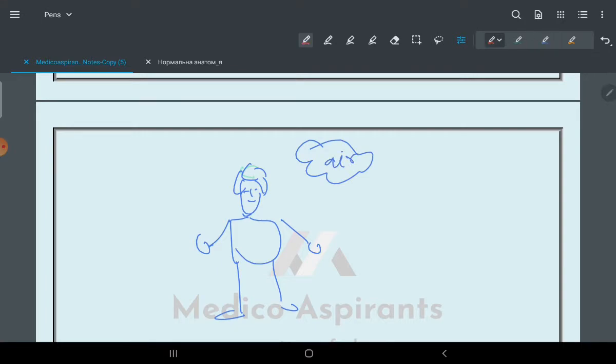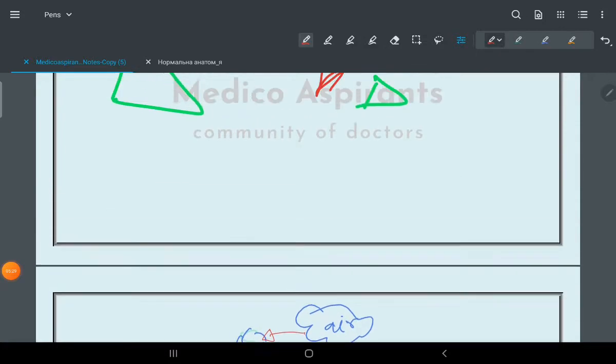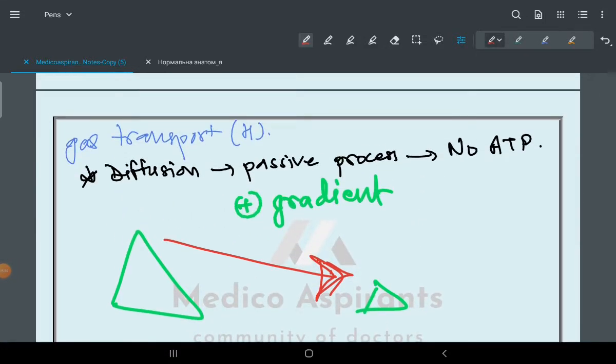How will it go inside? By our breathing. And when that air goes to the lung, what does it have to do? Simply a passive process, diffusion. And if there is no gradient, how will it simply diffuse?